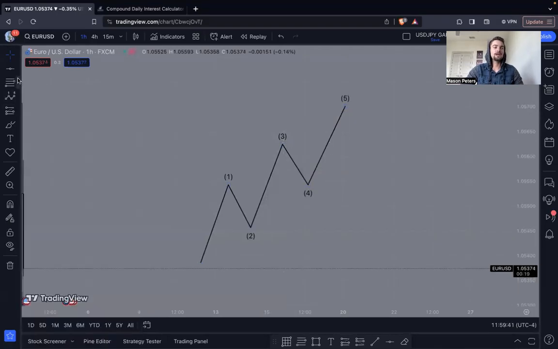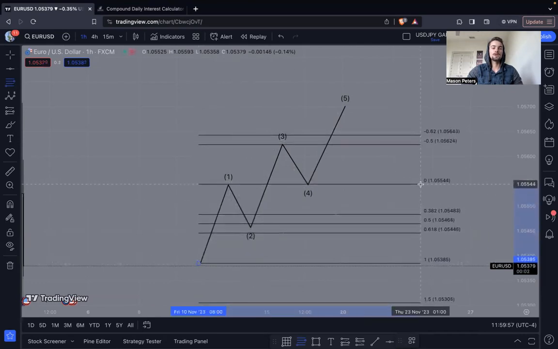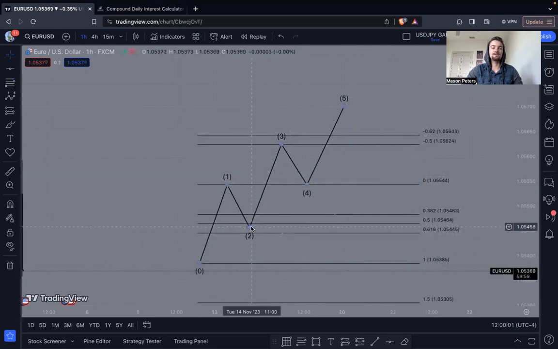Now, we're going to take our Fibonacci tool, and we're going to draw from the bottom to the top of 1 and 3. And we're going to look for our retracement wave 2 and 4. So we draw our fib from low to high. We extend it outward. Look where that second corrective wave falls into, your 50 and 618 retracement zone.